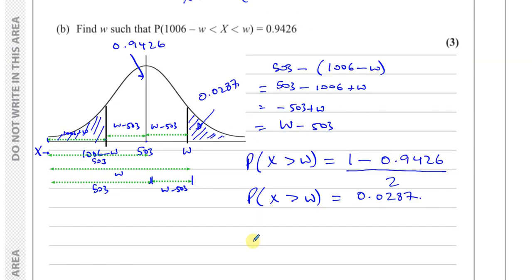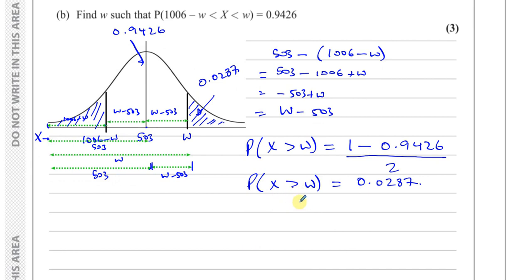So we want to find the value of Z for which this is true. Now, again, we can look at the table of values and look for the Z value. We're looking for the Z value where the probability that X is less than W is equal to 1 minus 0.0287.